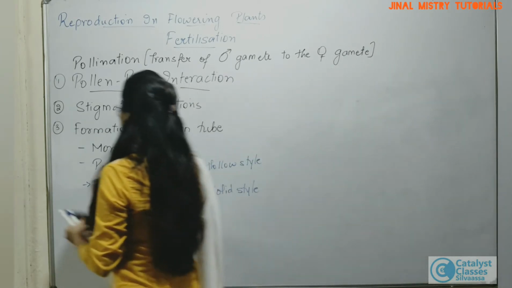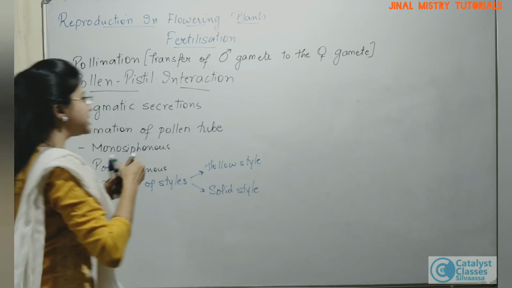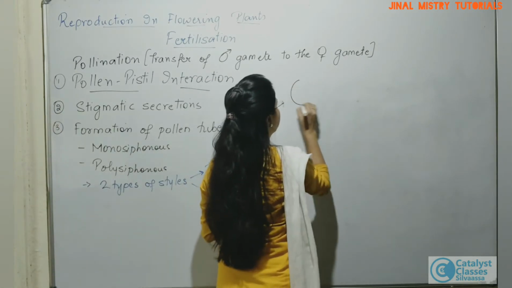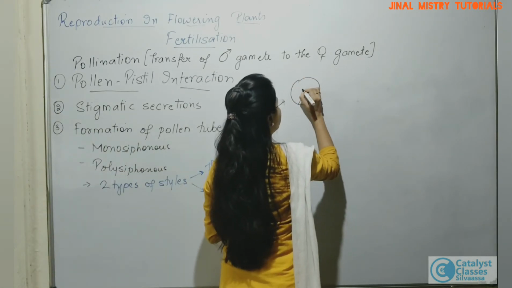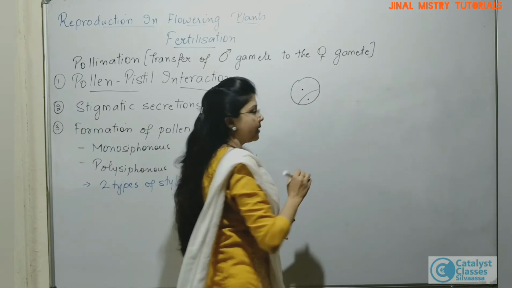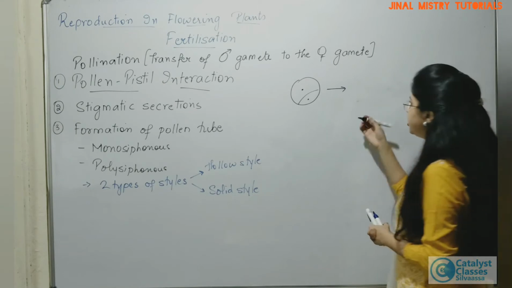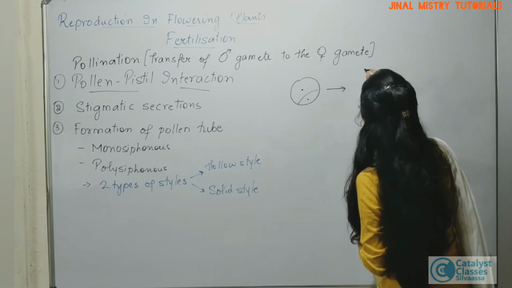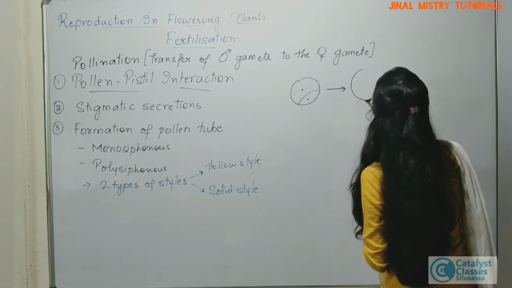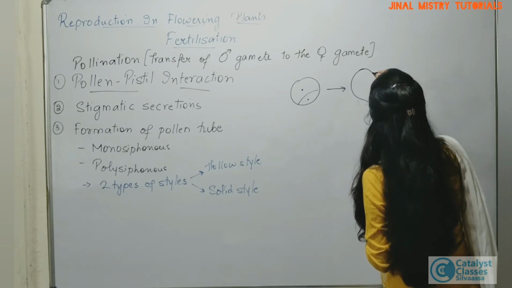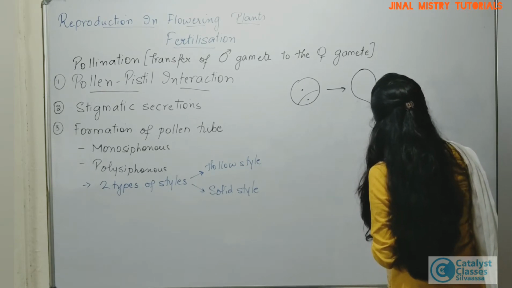So basically, at the 2-cell stage when the pollen grain is released, it is going to have one generative cell and the other vegetative cell, right? Once the pollen has landed on the stigma, the vegetative cell is going to give rise to the pollen tube. So this is the way in which pollen tube formation has started.